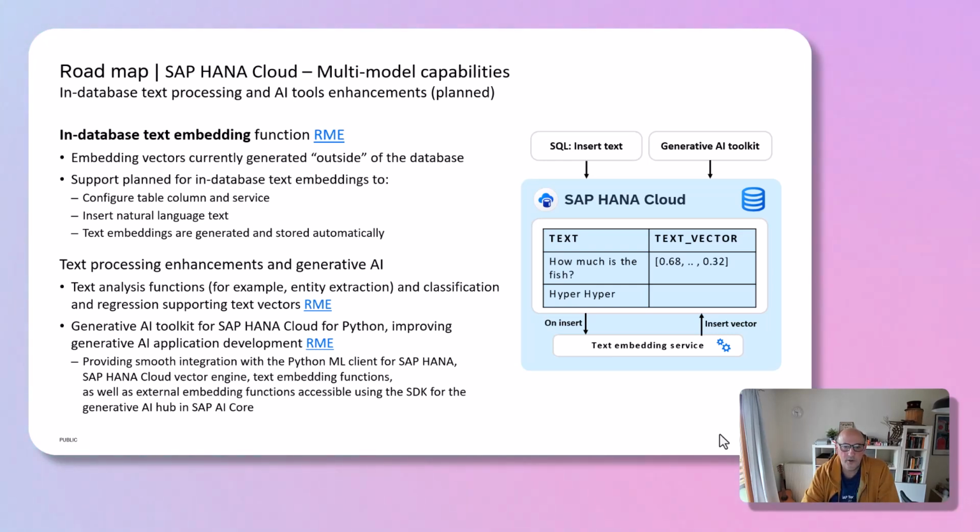broadening the scenarios where we can use vector data with our classic AI functions, which will be the support of vector data for classification and regression functions. So basically, if we have, for example, a service ticket application where we store the ticket text information in our database table.